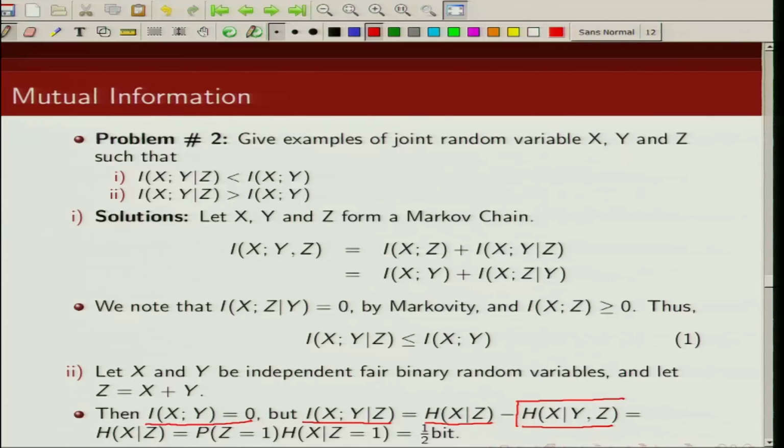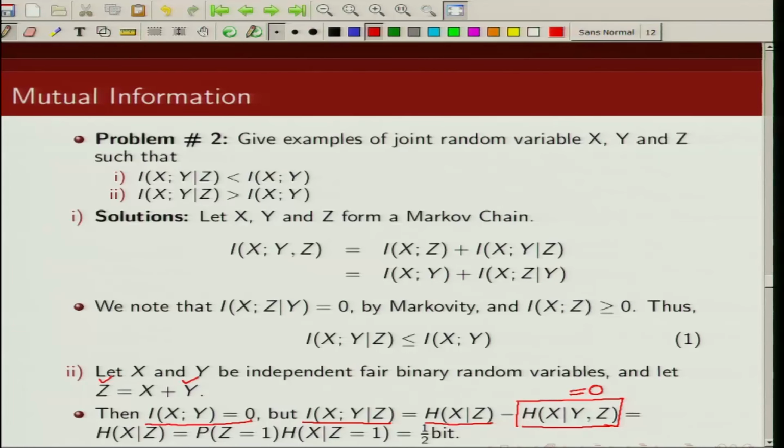Let us first look at the term, the uncertainty in x given y and z. If y and z are given, clearly x is also known. So there is no uncertainty in x if y and z are known. So in this particular example, this term will be equal to 0.